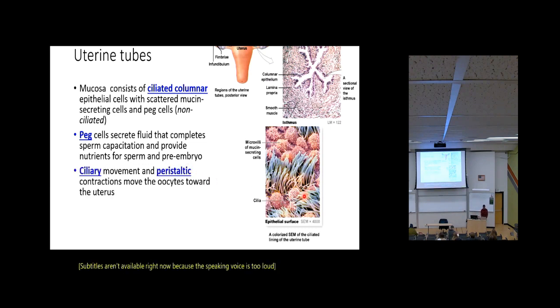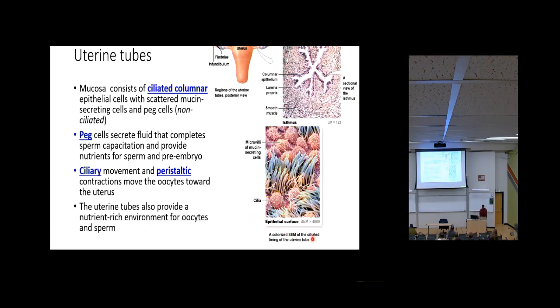So we find that this cilia is going to move back and forth, and the uterine tubes will have peristaltic contractions, which will help propel the oocyte towards the uterus. And we already talked about how there's prostaglandins in the seminal fluid, which can help in causing the male and the female reproductive tract to contract rhythmically.